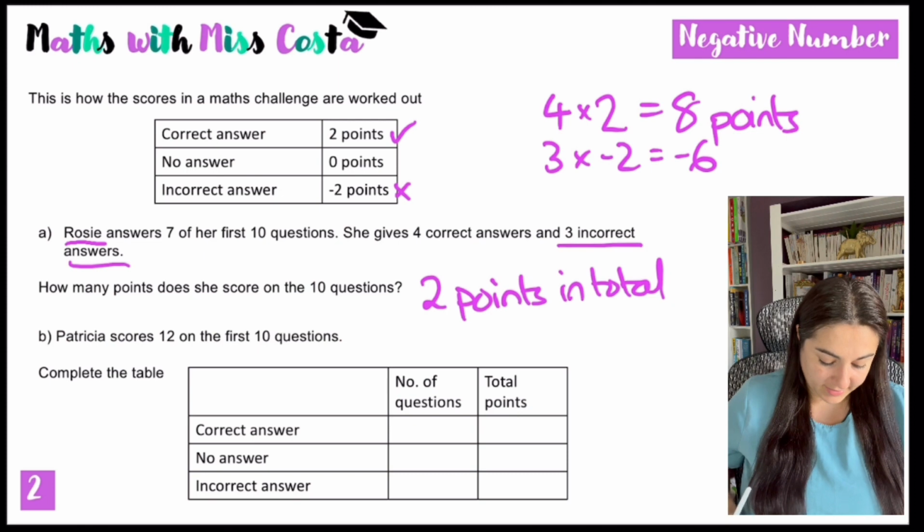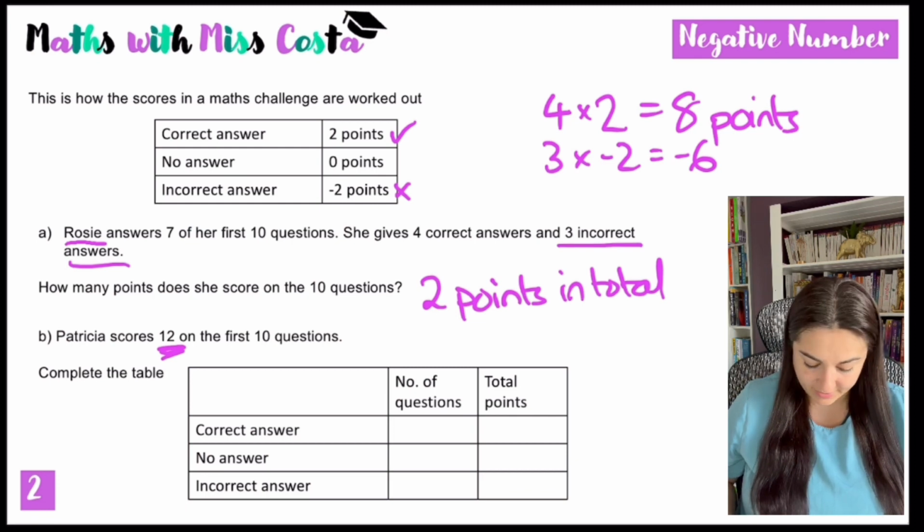Now, Patricia scores 12 points in total on the first 10 questions. And I need to complete the table to figure out how many correct answers, how many no answers, and how many incorrect answers she's done. So I know that in total she has 12 points. And in total there are 10 questions, but I don't know how many she's answered correctly.